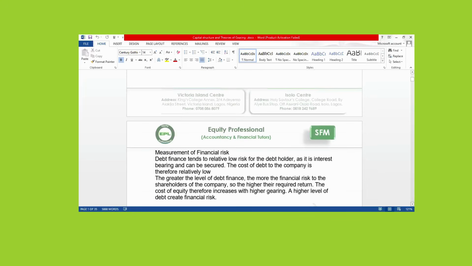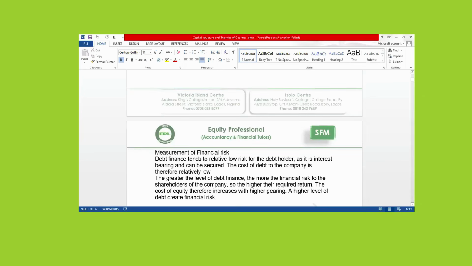We explained that there are two types of gearing: financial gearing and operating gearing. Your financial gearing shows the relationship between debt capital and equity capital. It shows the extent to which a business is funded by borrowed funds.